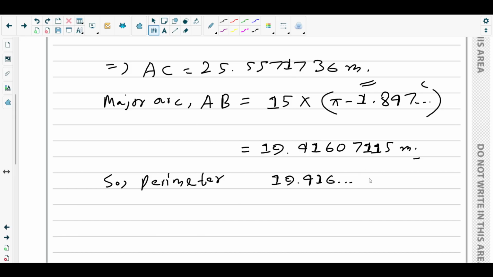Okay, so the perimeter, we will get 19.416 dot dot dot, plus 2 meters, the length of BC, plus the length of AC, 25.55 dot dot dot, that much meters.